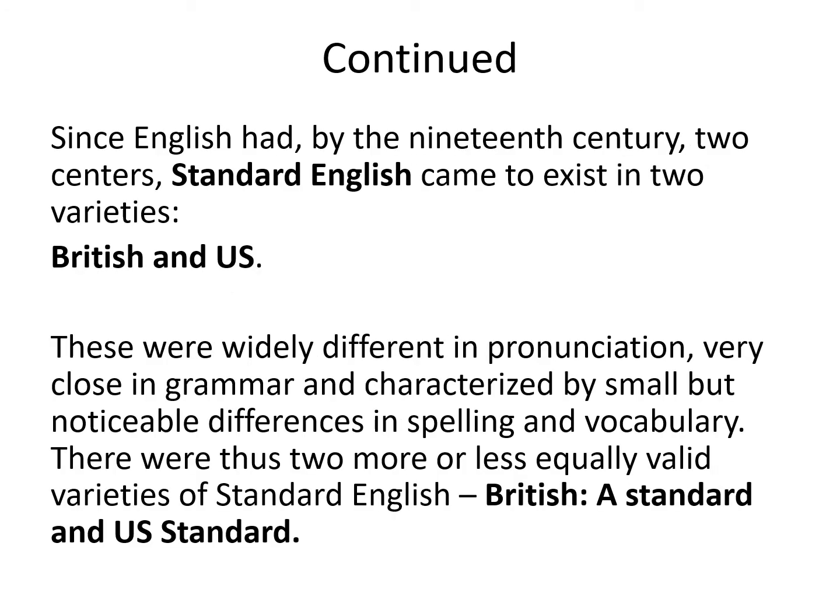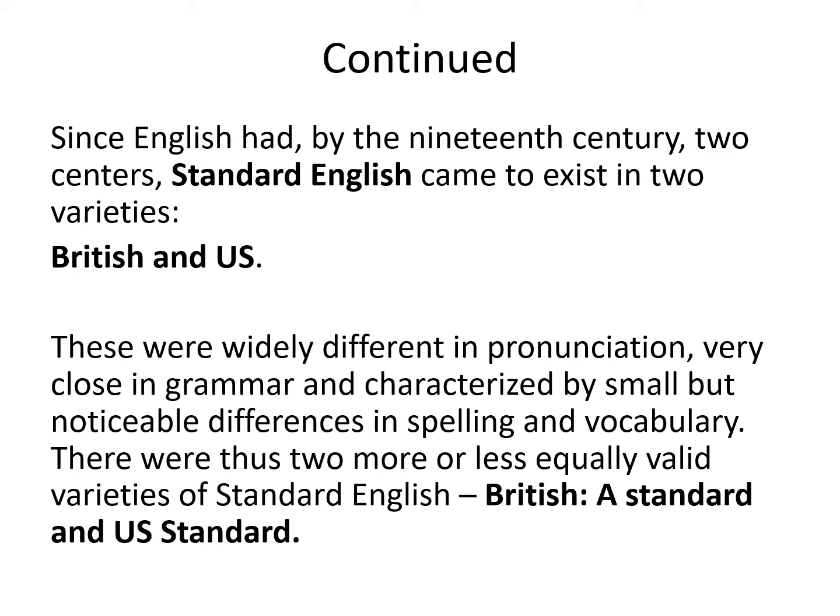Since English had by the 19th century two centers, standard English came to exist in two varieties. Although there are many other standardized varieties also, we can say that the accurately standardized varieties are those of the British and US, or British accent and American accent.